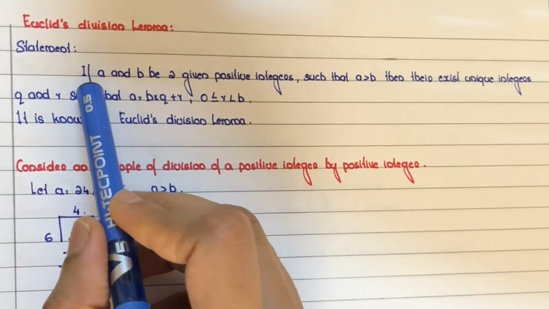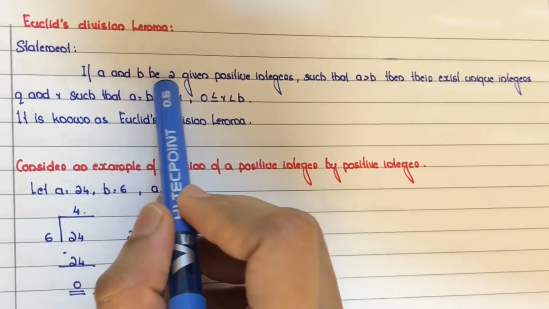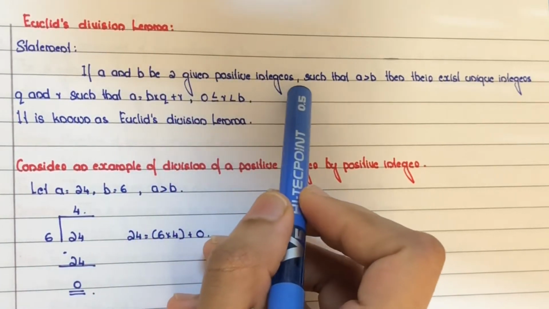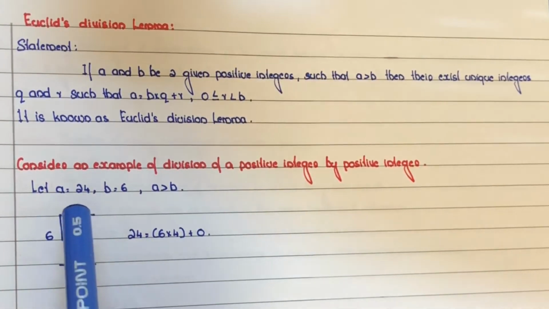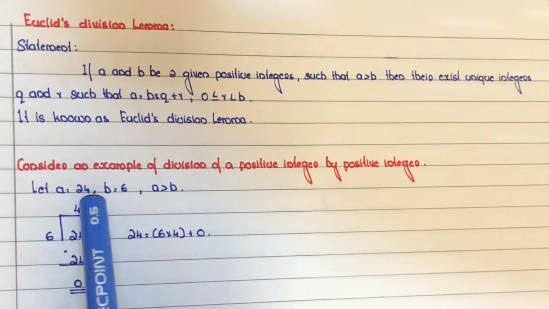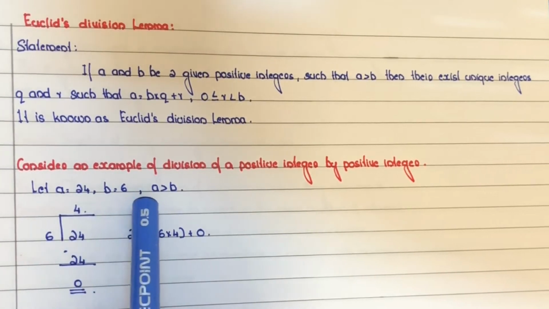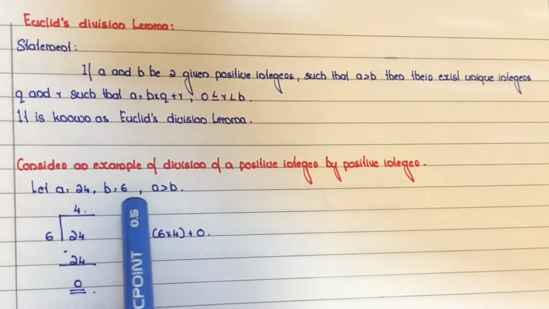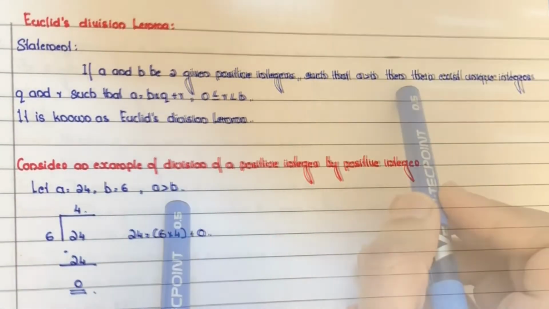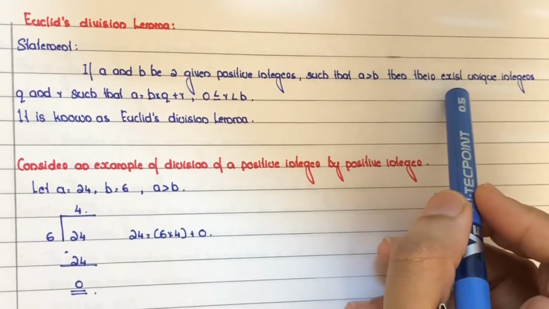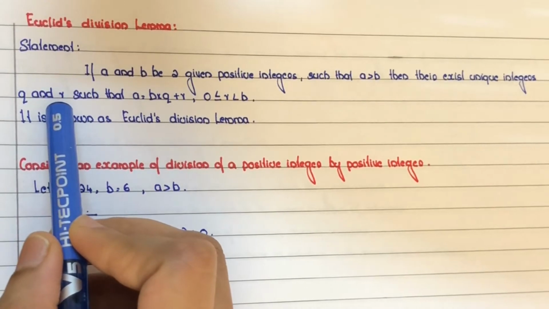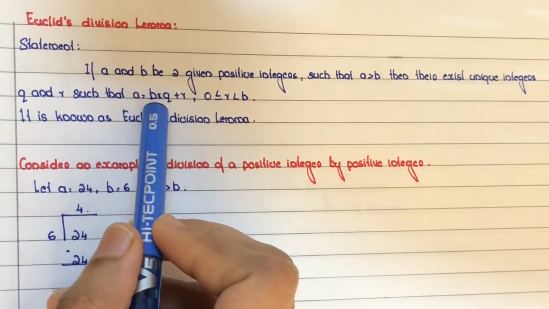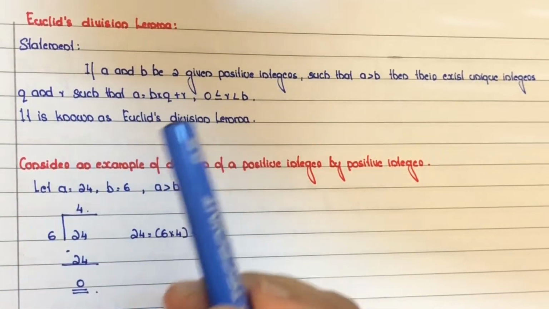Now consider the statement, if a and b be two given positive integers such that a greater than b. Here we take a equal to 24 and b is equal to 6 such that 24 greater than 6, isn't it? Then there exist unique integers q and r such that a is equal to b into q plus r.